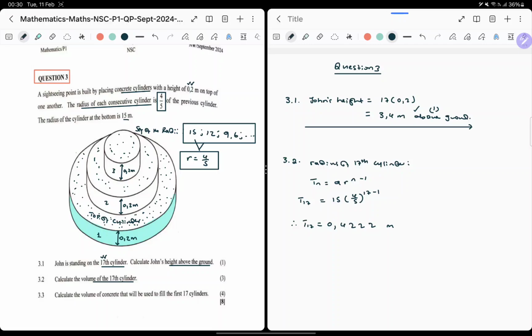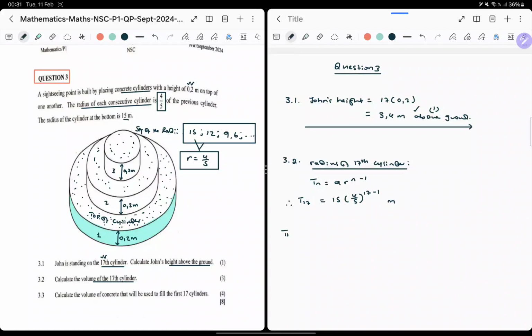Now we can just cut it off, or we can leave it like this. Sometimes this is fine. Sometimes this rounding off business is a bit dangerous. Sometimes we can leave it here and just say this is it, because we don't want to complicate our lives by rounding off already.